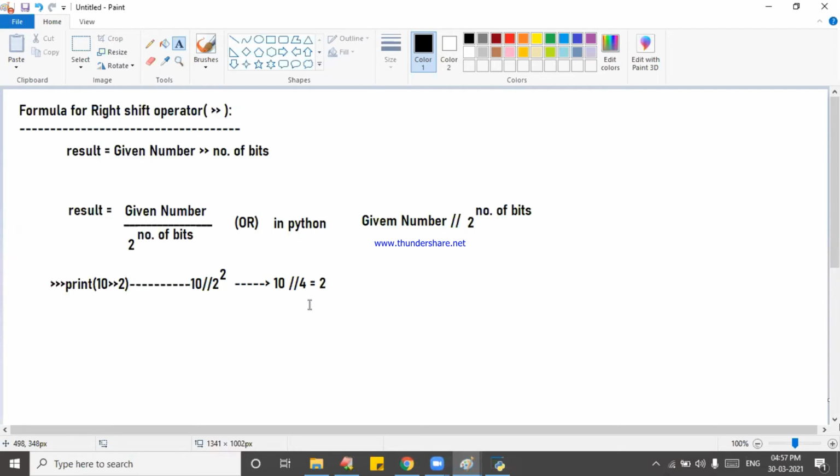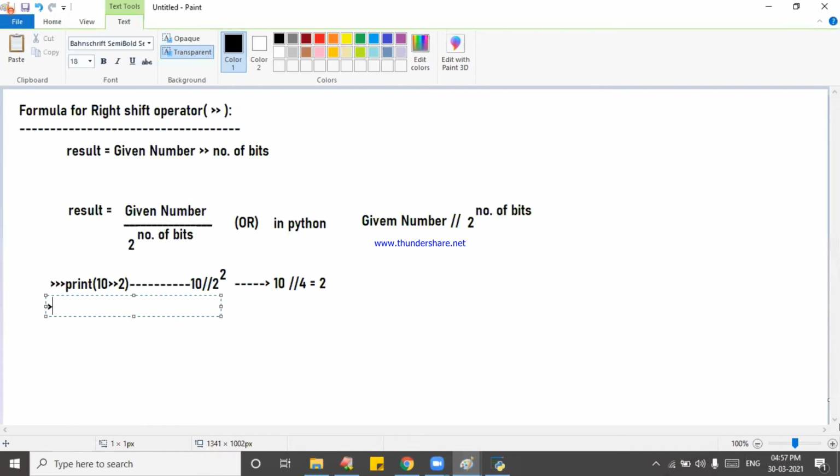Now I am going for one more kind of operator. Now let us come to one more example. Let us print 20 double greater than 3.